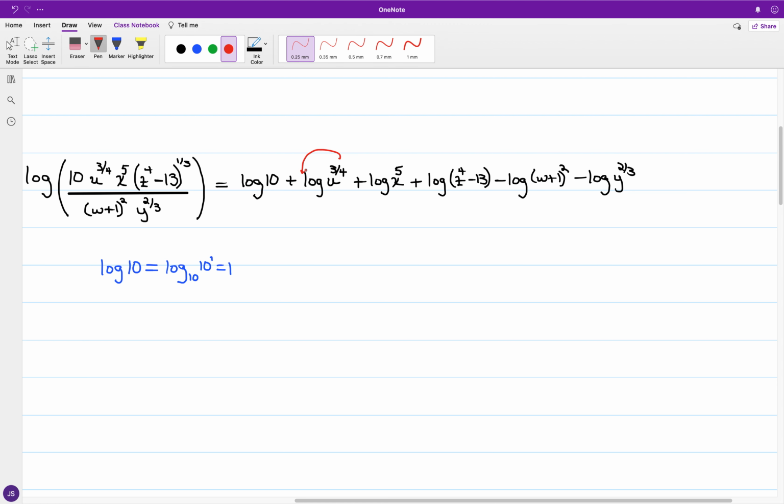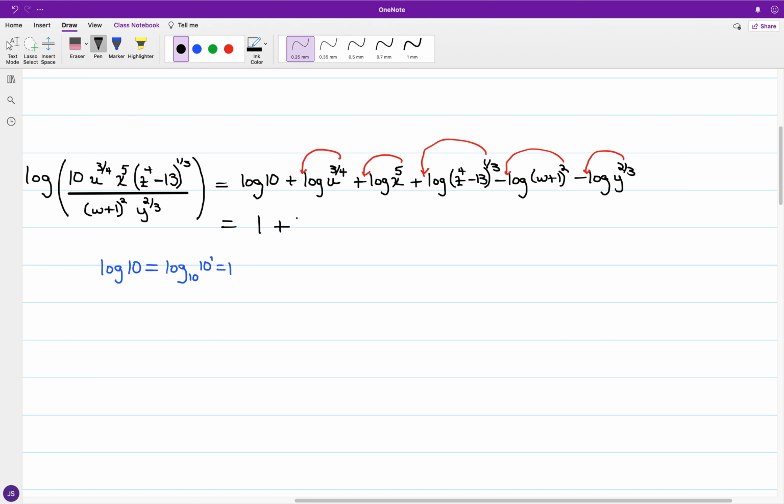For the powers, those will be converted to coefficients, like the 1/3 degree, in front of the log. So the base 10 logarithm of 10 will go to 1.